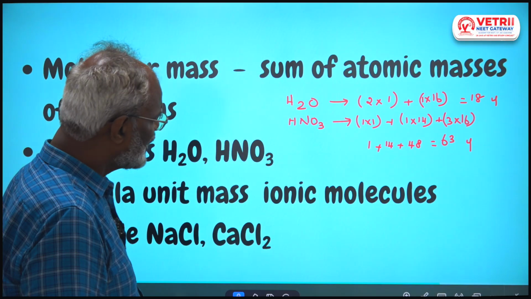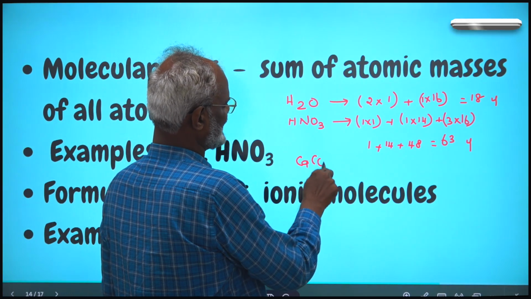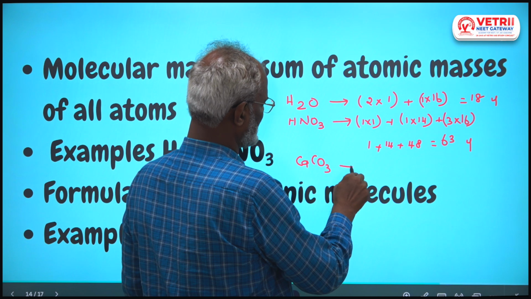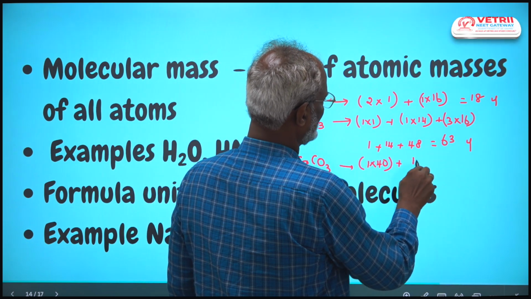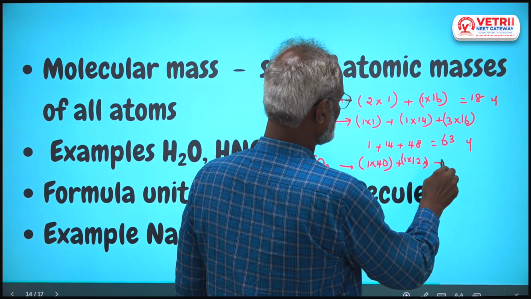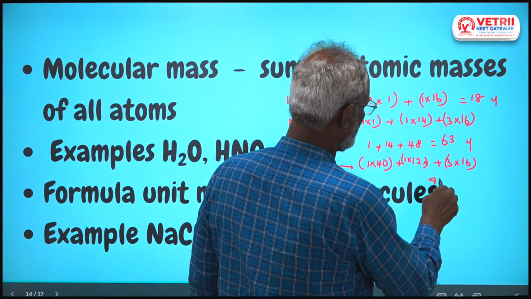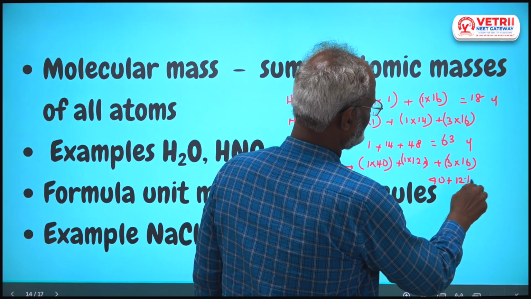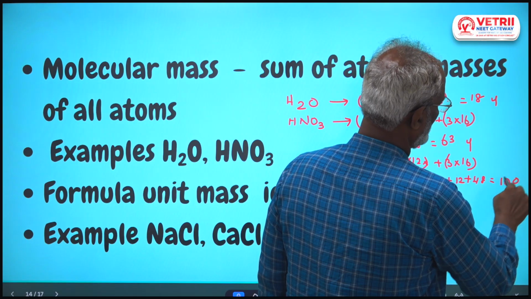Maybe I can write for calcium carbonate, CaCO3. For calcium it is 1 into 40, plus carbon 1 into 12, plus 3 into 16. So 40 plus 12 plus 48, so calcium carbonate is around 100.